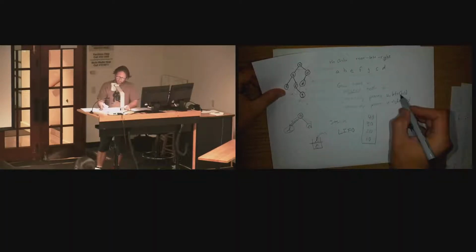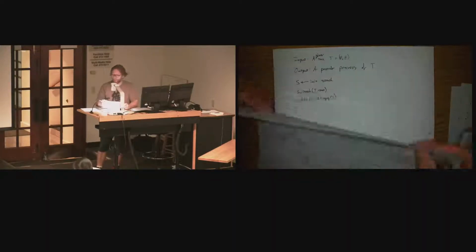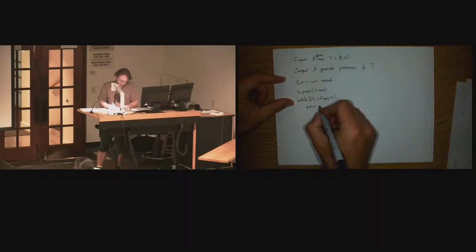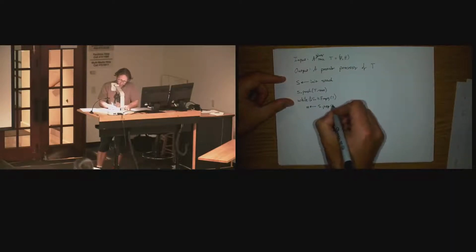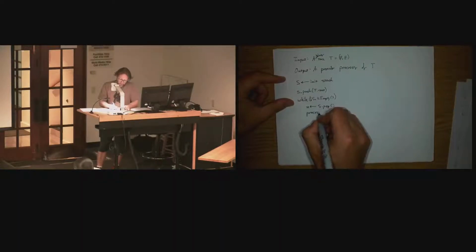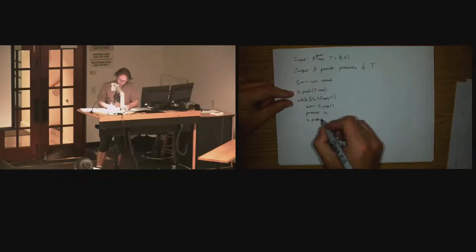Then I need to process the left child and the right child, but as you've already observed, the way that you do that is by simply pushing the right child first and then pushing the left child so that you could go in the proper order. So I will take U, S dot pop, and then I will process U, whatever that means. And after I've processed it, I need to push stuff back on the stack. S dot push, use right child first.